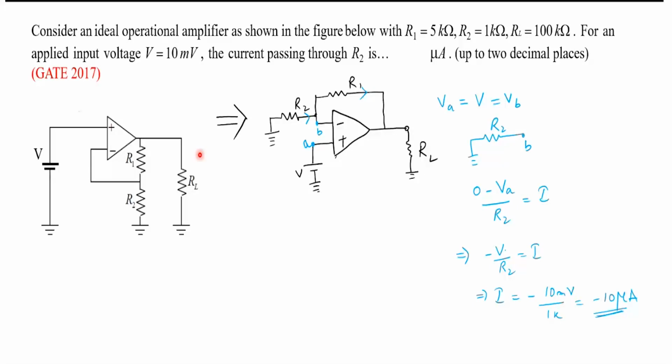So the answer is positive 10 microampere. See, in an electronic circuit, if the current direction is not given, we assume a certain direction. After solving, if the current comes out negative, that means whatever you have assumed, you have to invert the direction. That's it.